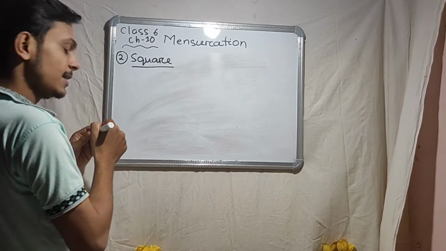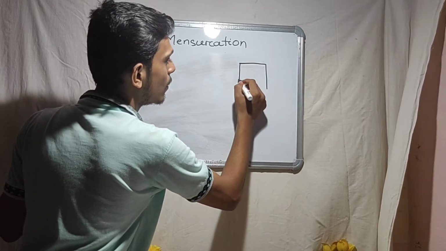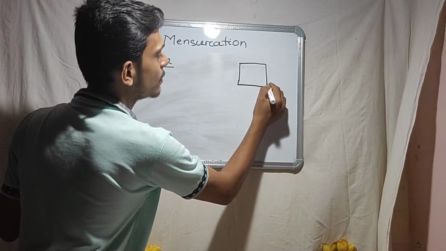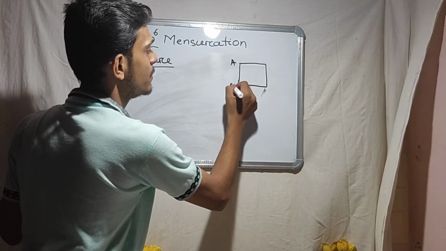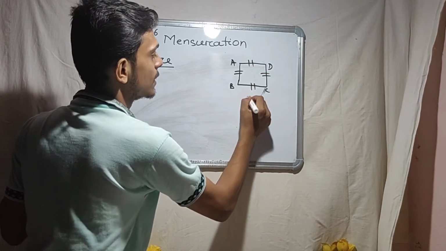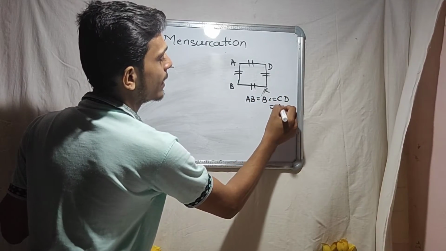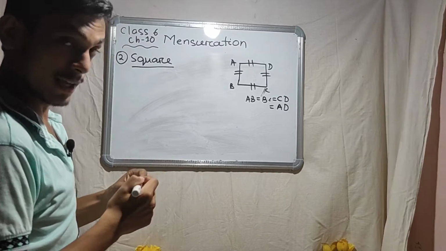Square means what? All the sides are equal. Suppose the square is ABCD. All the sides are equal, that is, AB equals BC equals CD equals AD. So all the sides are equal.